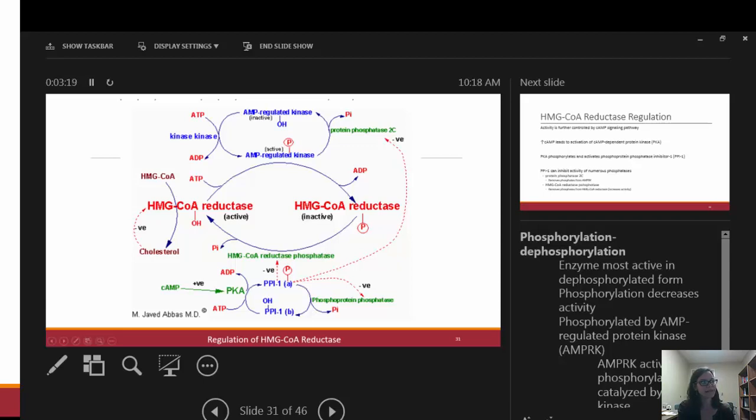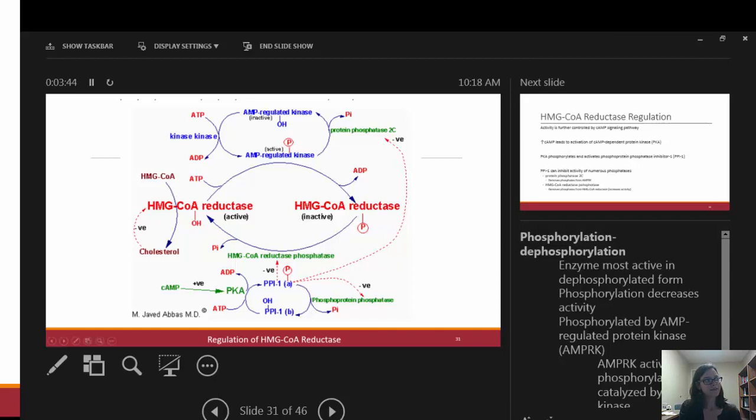We've always got cAMP, it seems like. Increased cAMP that we get from stimulation from glucagon or epinephrine is going to lead to the activation of cAMP-dependent protein kinase A here. So PKA phosphorylates and activates.